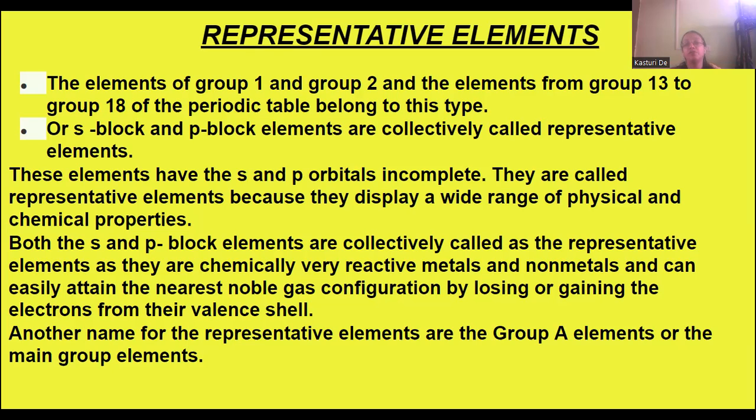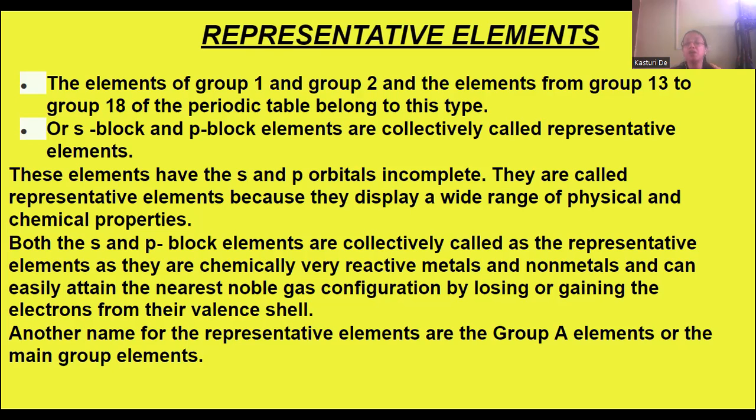So what are representative elements? The elements of group 1 and group 2 and the elements from group 13 to group 18 of the periodic table belong to this type. Okay, we know there are 18 groups in total. That is 8 groups, of which groups 1 to 7 are subdivided into subgroups, and group 8 is a singular group without any subdivisions.